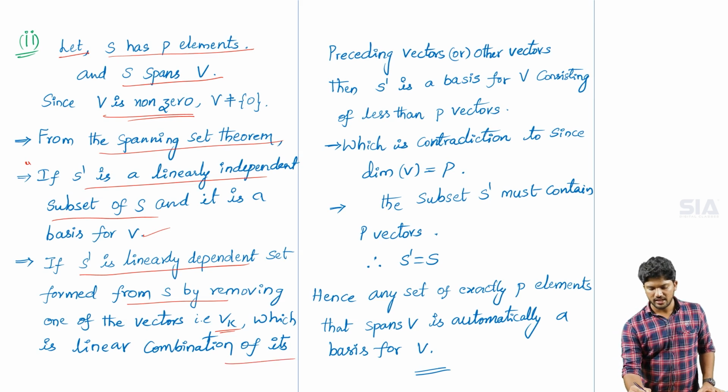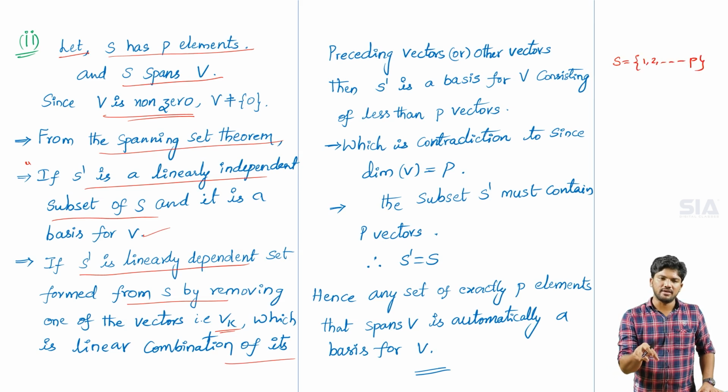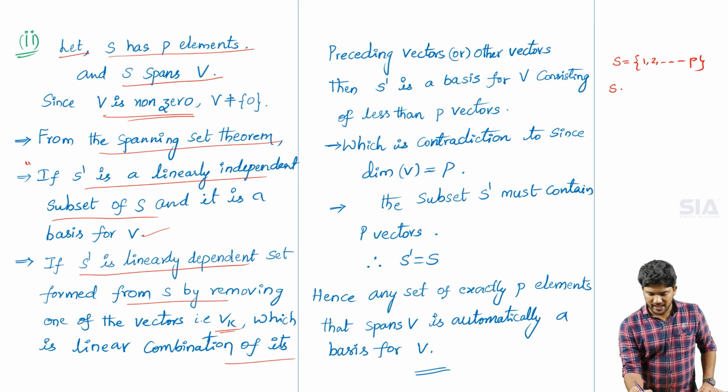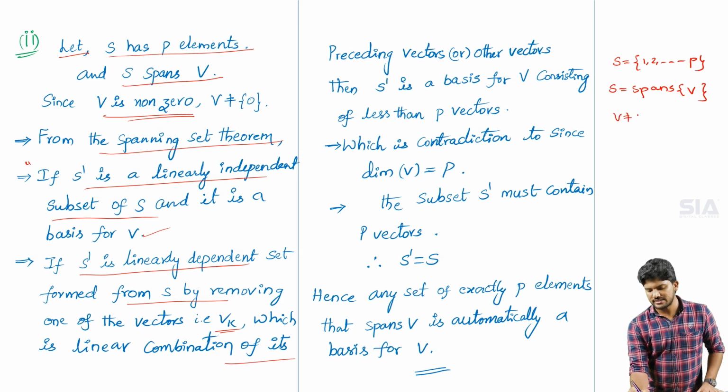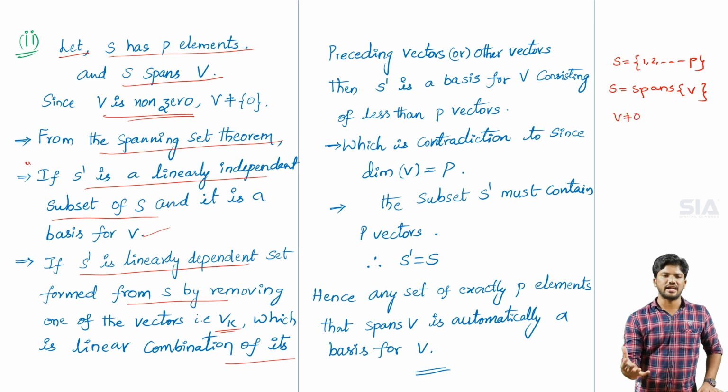What are they saying? Whenever capital S has exactly P elements, each and every element is a vector, and this capital S spans capital V, where capital V is a vector space. Since V is always non-zero, that means V is a non-empty set.